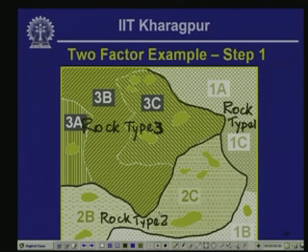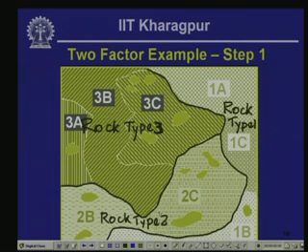So, for example, in this particular case, 3A has the least amount of relief, that means the area has the flattest relief, or the slopes in the area underlain by 3A are the gentlest, 3B is steeper, and 3C is steeper still.